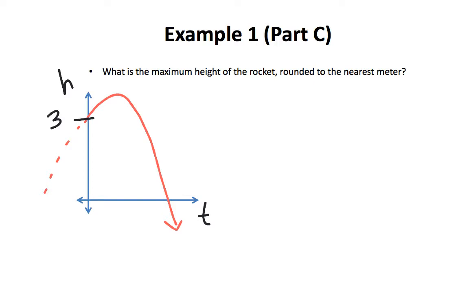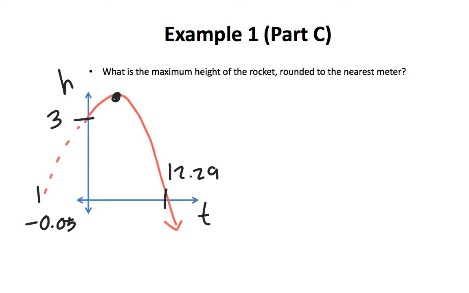We found out that this x-intercept was approximately 12.29, and we also found the other x-intercept, and this was negative 0.05. What we want to figure out now is the maximum height of the rocket. In other words, we want to find the vertex, basically.